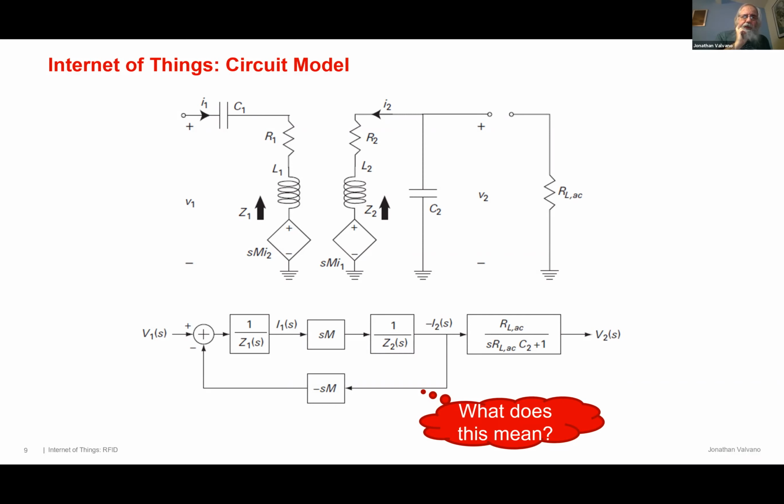V1 is going to be a sinusoidal voltage, and I1 will be the corresponding current generated by that V1.